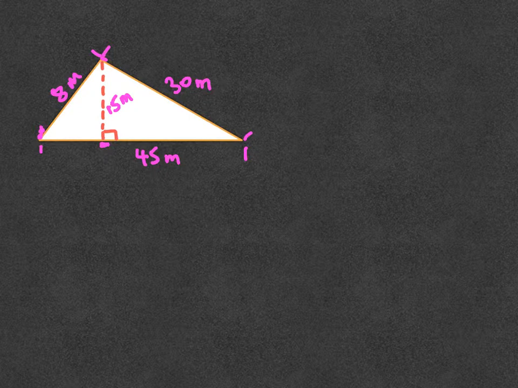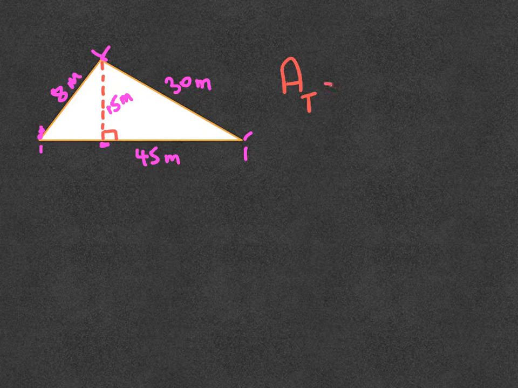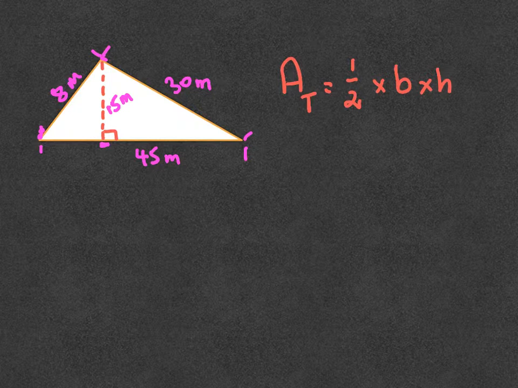We have done that. So when we are doing the area of a triangle, it is A_T. A for area, T for triangle. Our formula is 1/2 multiplied by B, which means base, multiplied by H, which is height. So let me write this in.